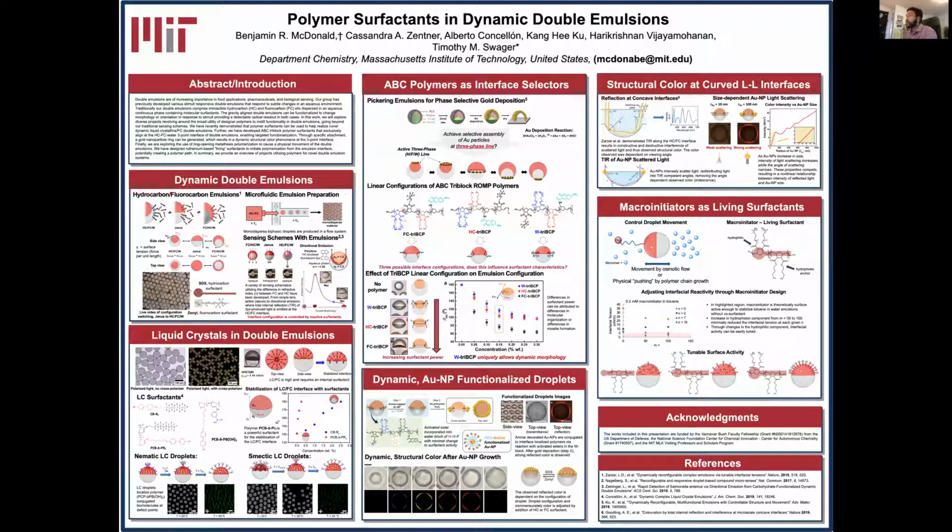We wanted to use these to get to the fourth interface. I told you about the first three, the hydrocarbon nucleus, the fluorocarbon nucleus, and that internal hydrocarbon-fluorocarbon interface. But additionally, there's a line on the outside of the droplet where all three phases meet, and we call that the three-phase line.